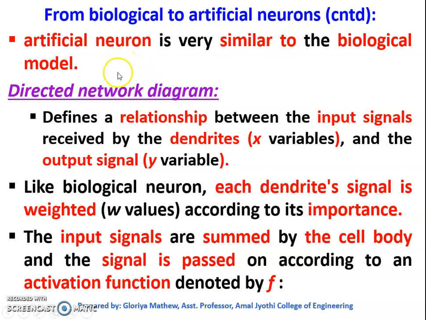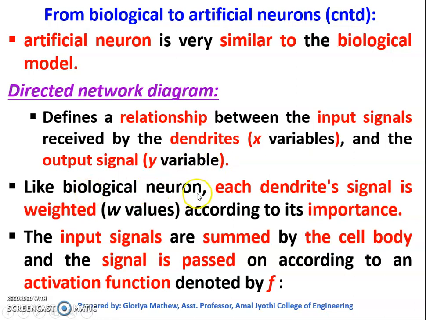Now let's see how to model an artificial neural network. We can model an artificial neural network using a diagram known as a directed network diagram. The directed network diagram defines a relationship between the input signals received by the dendrites, which are represented as X variables, and the output signal, which is commonly represented as a Y variable.